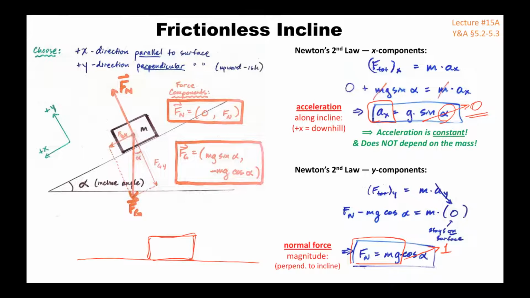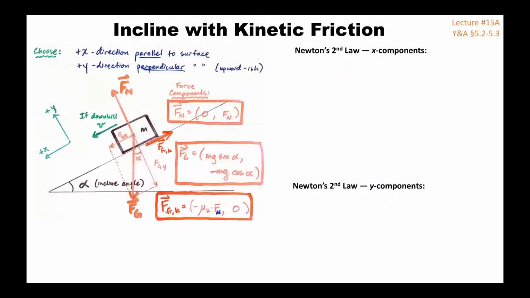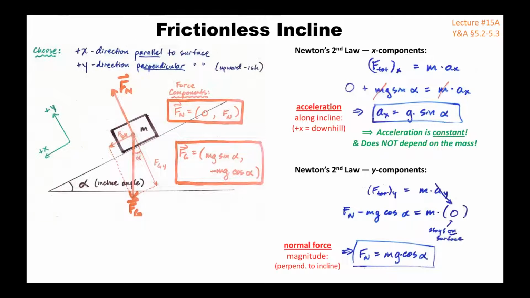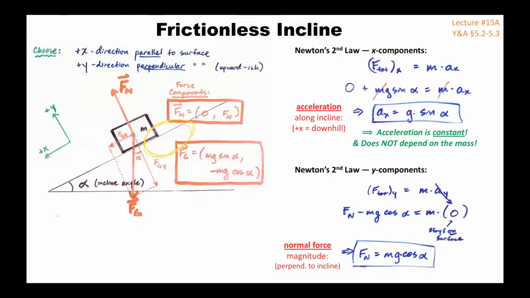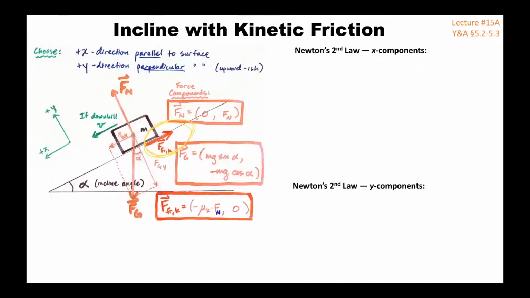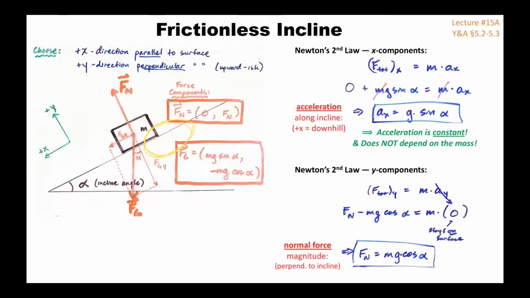Let's now consider the case of an incline with some friction. Compare this briefly. I'm going to flip back and forth between this situation where we've added friction, which is just one more force vector, and the previous slide where there was no friction. Everything else is still the same.